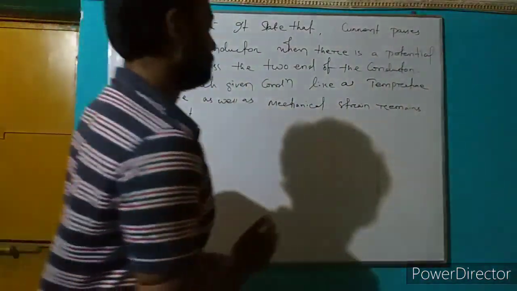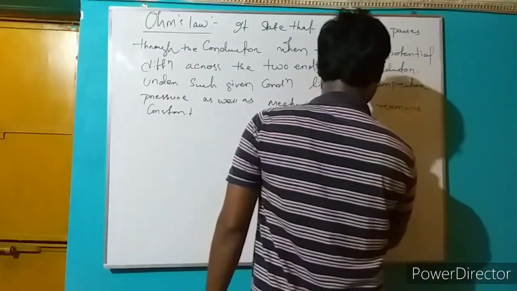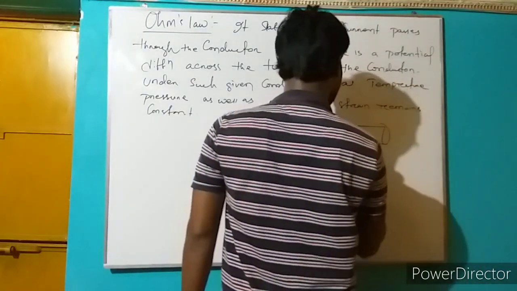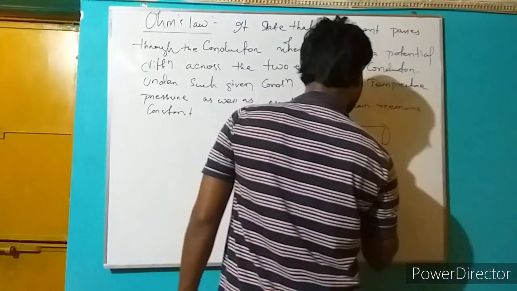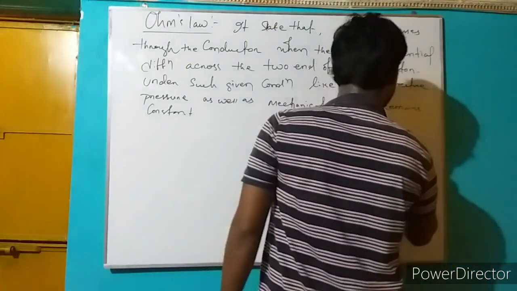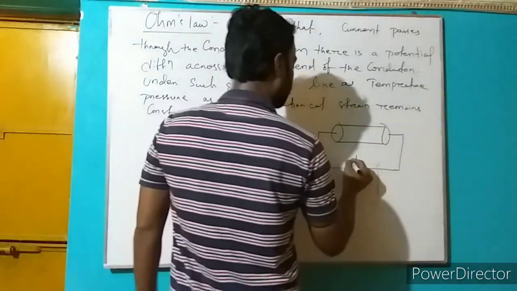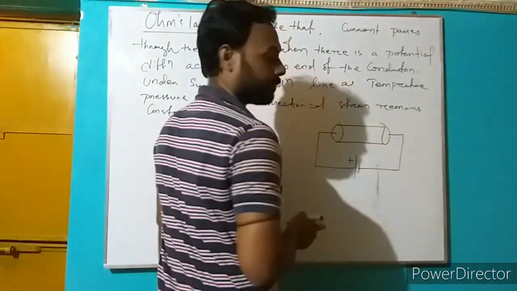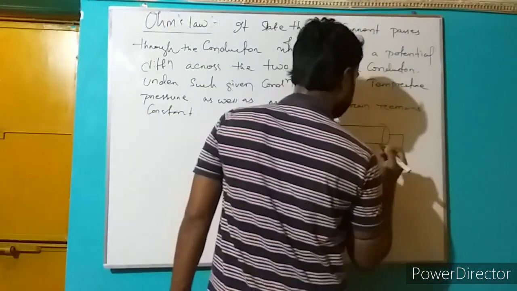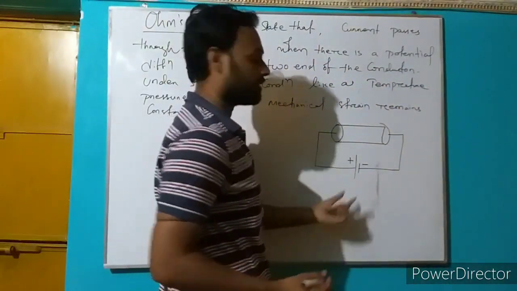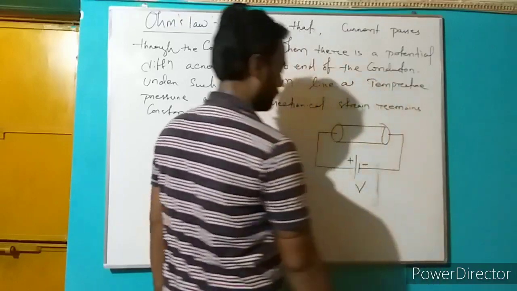conductor. That means if you assume this is the conductor here, and the conductor is connected to a cell or battery, it has two terminals. One is the higher terminal, taken as positive, the other terminal is taken as negative. So there is a potential difference across the cell, represented as V volt.